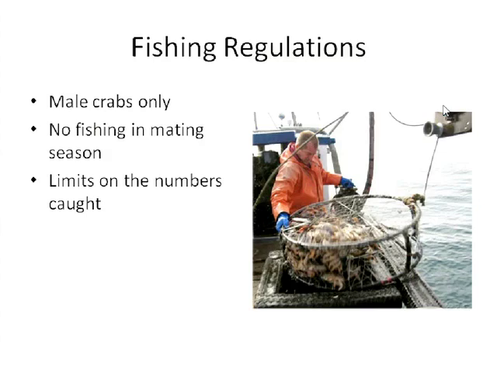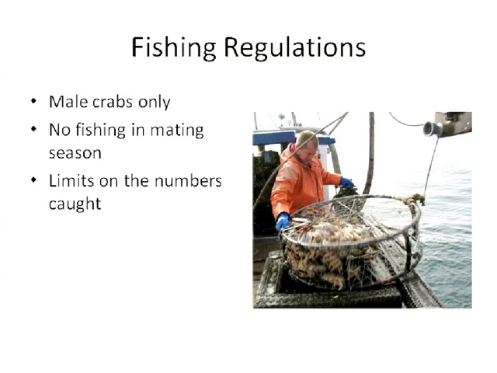To give you some background from the reader, when they fish, they fish mainly just male crabs, because they don't want to fish the female crabs until they're old enough, because they populate.